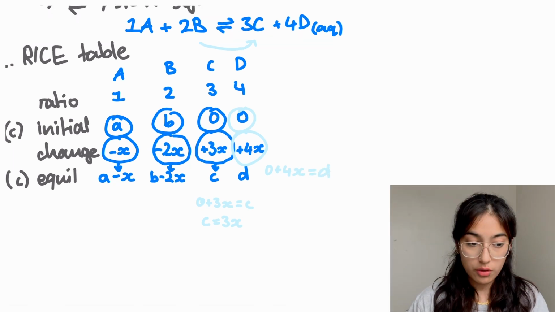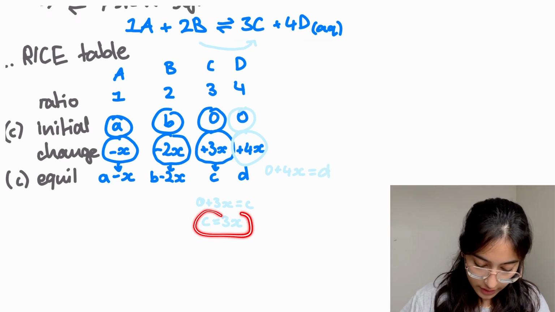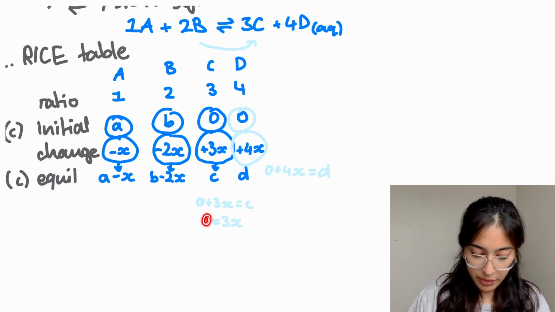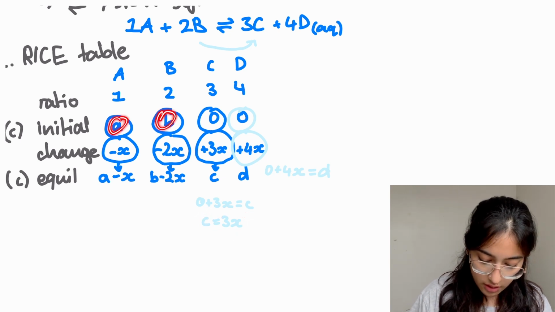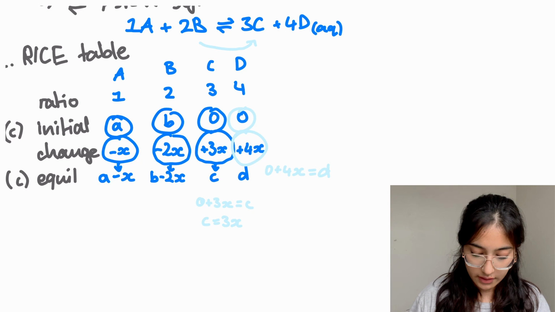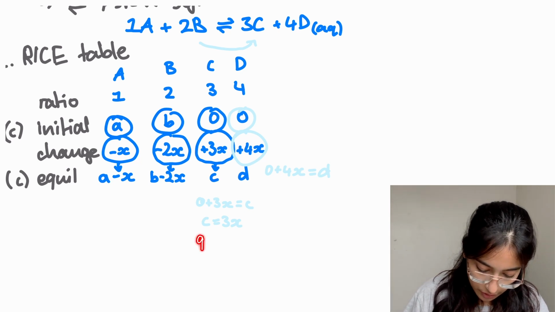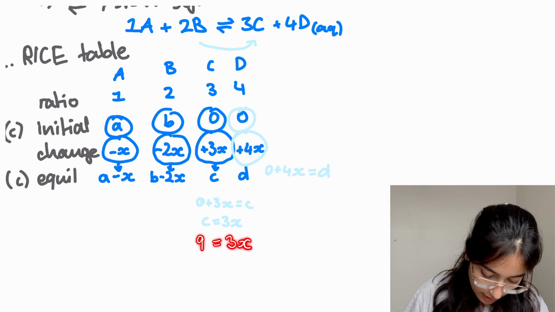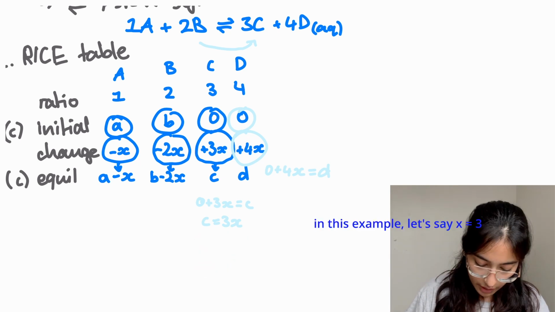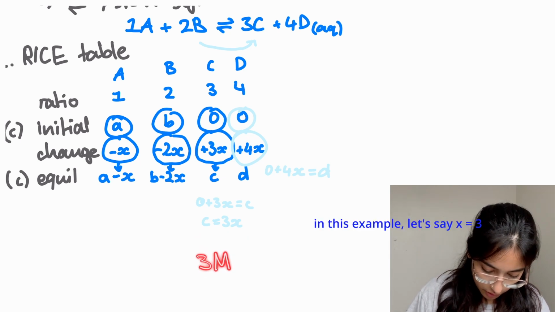Since we know that C is equal to 3x, and C is some number they've given us, this one, this one, and this one are all numbers they've provided. Say C is equal to 9, then that's 3x, so x has to be equal to 3, probably 3 moles because we're working with concentrations here.